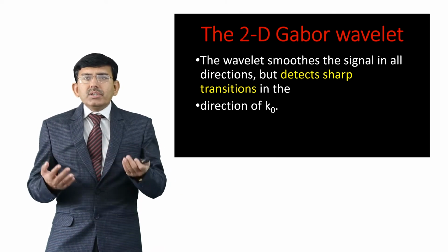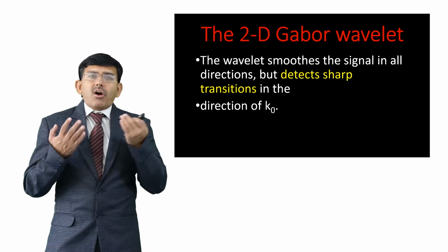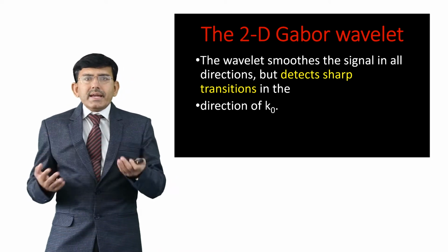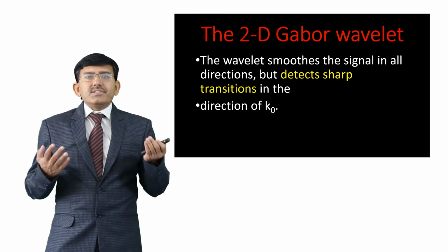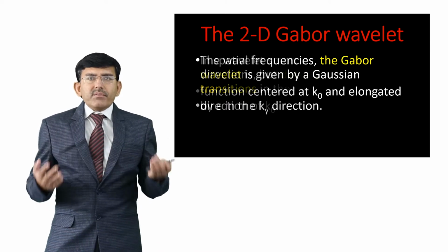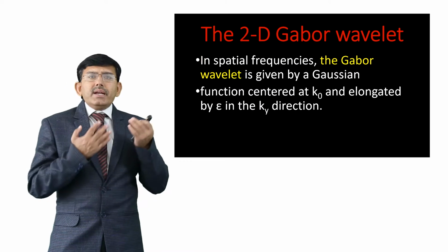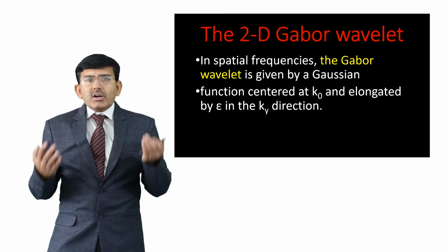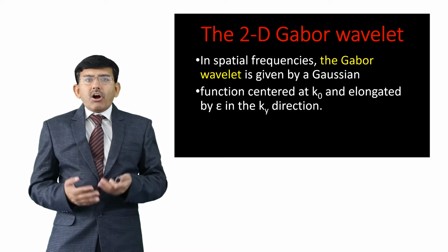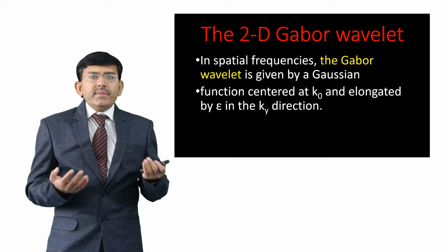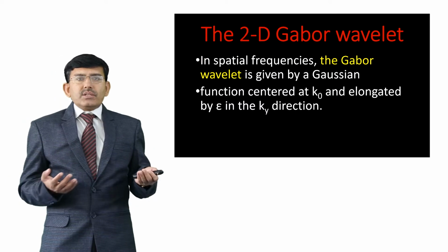The wavelet smooths the signal in all directions but detects sharp transitions in the direction of K0. In spatial frequencies, the Gabor wavelet is given by a Gaussian function centered at K0 and elongated by epsilon in the ky direction.